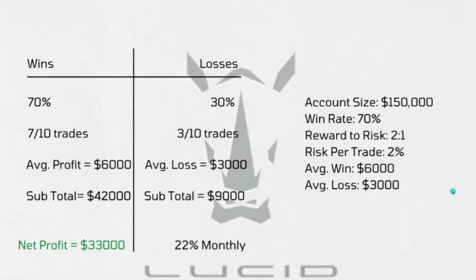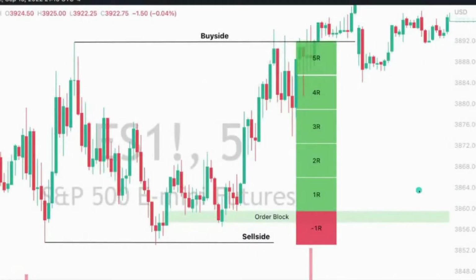All right. So I'm going to go over to what a risk to reward model or reward to risk model looks like. So here I've got a screenshot of an example of a trade that we would take. And this is hindsight's 20/20, right? But this is absolutely something we would have been part of.